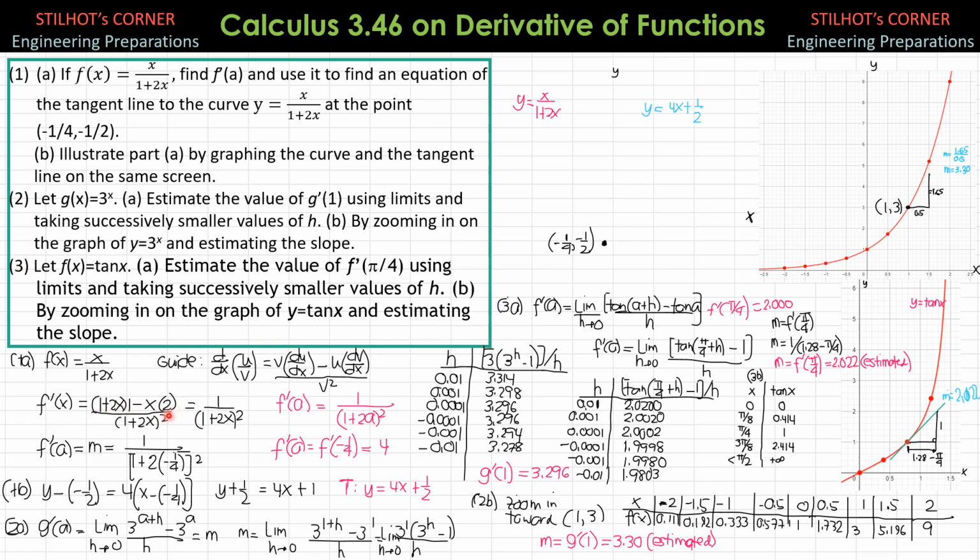Then all over denominator squared, 1 plus 2x quantity squared. Simplifying 1 plus 2x minus 2x, the numerator will just be 1 and the denominator will be 1 plus 2x quantity squared. Therefore, the derivative when x is a, f prime of a, we simply substitute x is a, so 1 over quantity 1 plus 2a squared. So that's the answer to part 1a.